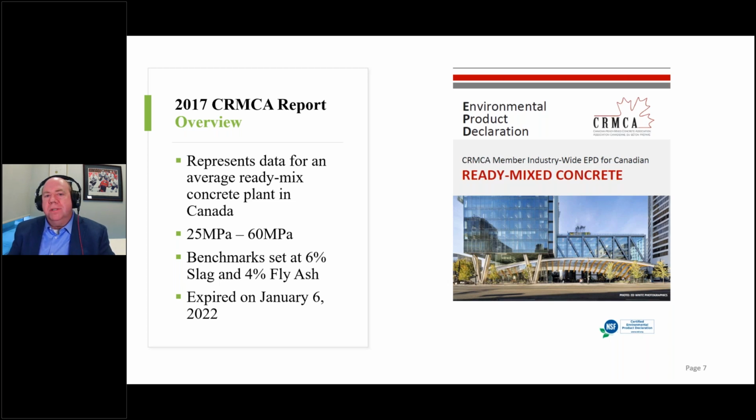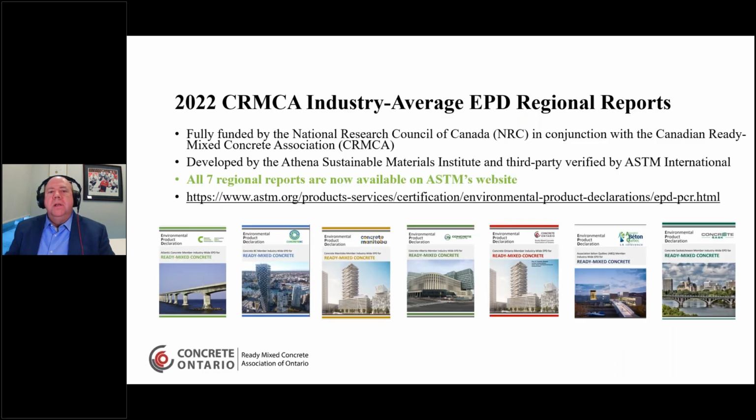And again, we saw significant advancements on the raw material supplier side in updating their information. So in 2022, our goal was to produce, instead of one national average, something that looked at the technical differences in the various provinces. There's different compressive strength requirements in building codes as you move from province to province, different exposure conditions that have to be dealt with, and different raw material availability.